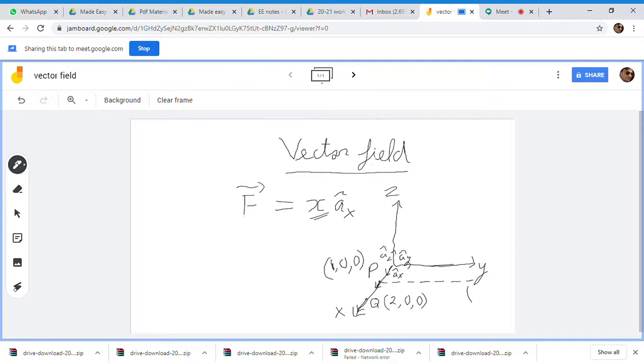This line is x equal to 1 and z equal to 0, and y is changing. So on this line, if we draw this field vector, it will always be directed in this direction, with the same magnitude.